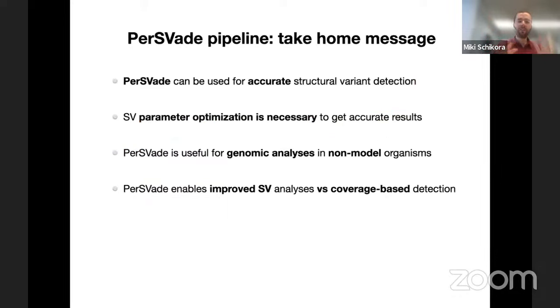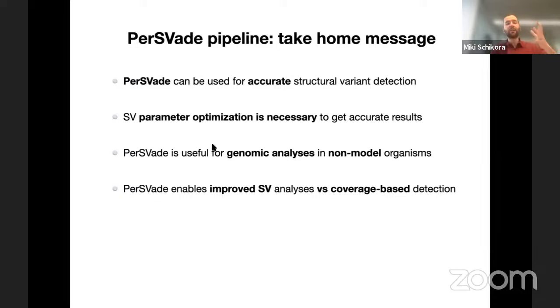Basically, that's all of what I wanted to show you today. I hope I've convinced you that PerSVade can be used to detect structural variants in an accurate way. I've shown you that parameter optimization is likely necessary to get accurate results. We don't find a single set of universally good parameters, but we need to adapt to each species.